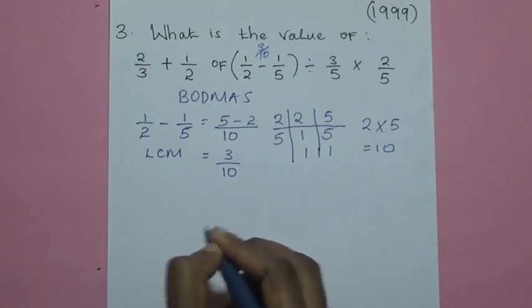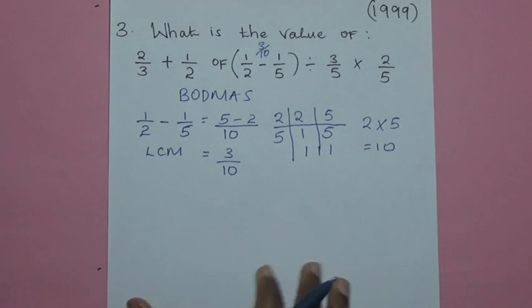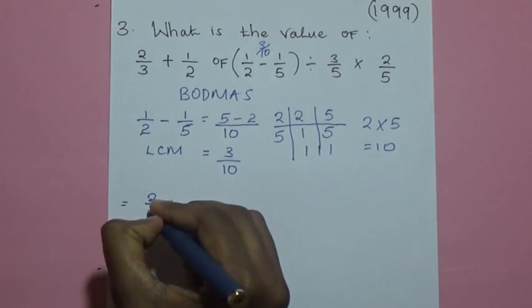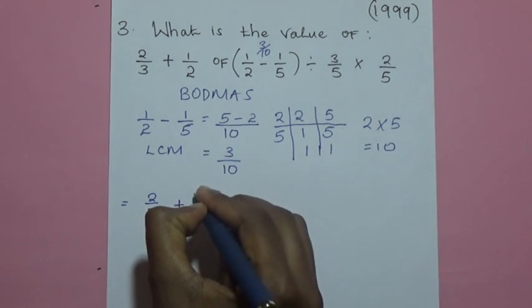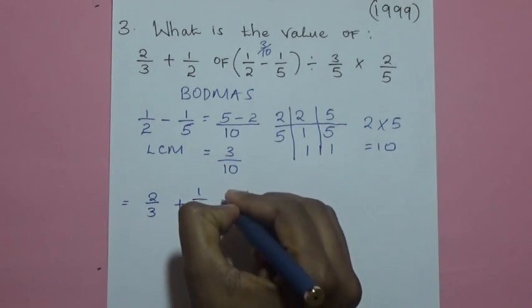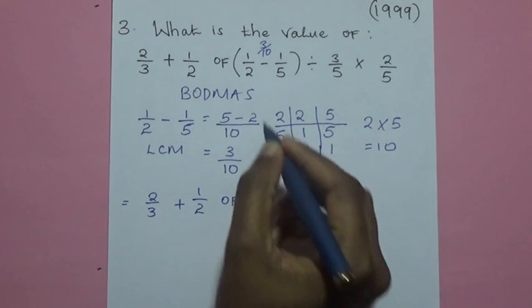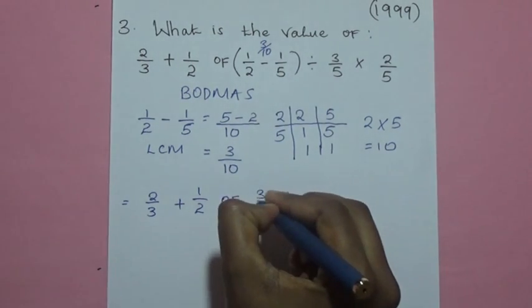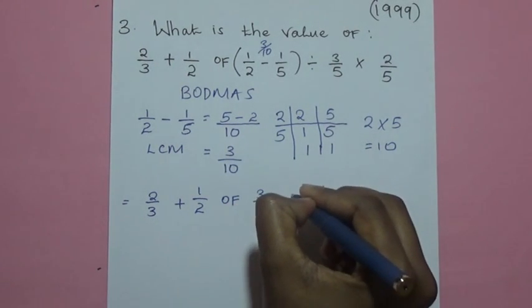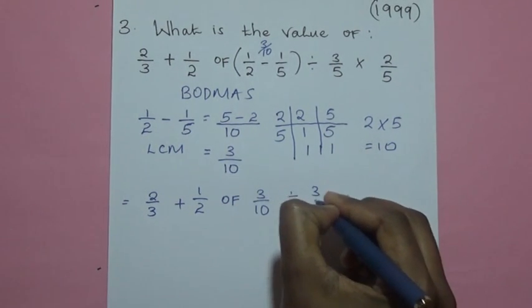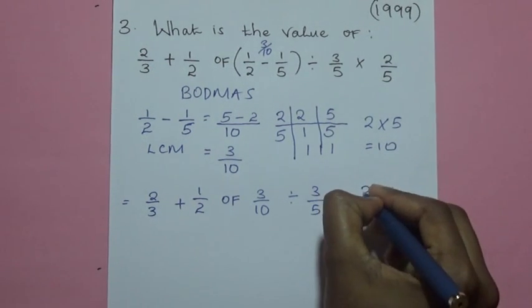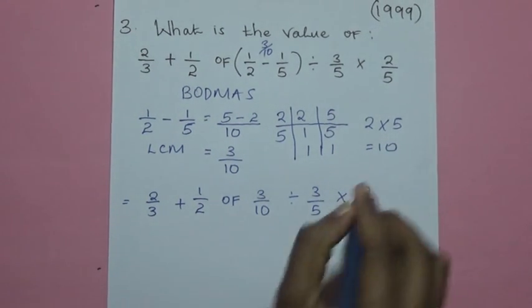Okay? Now, let us write down what we have now. We have 2 over 3 plus a half of, the answer which we have got is 3 over 10, divided by 3 over 5 multiplied by 2 over 5.